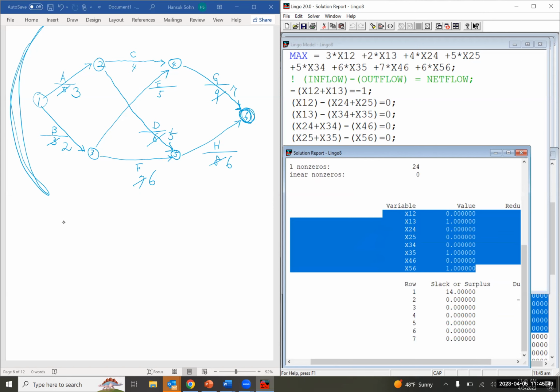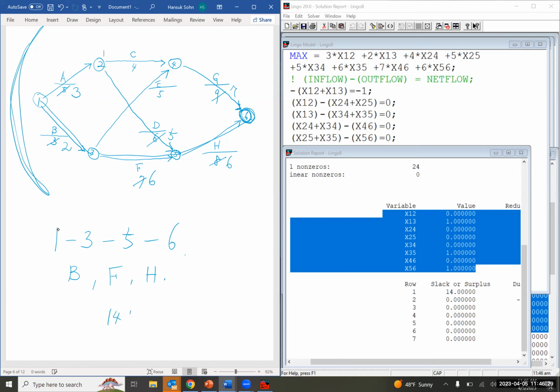That's going to be 1, 3, 5, and 6. That's our critical path. So 1, 3, 5, 6. So the critical activities include B, F, and H, right? And the project can be completed within 14 weeks.